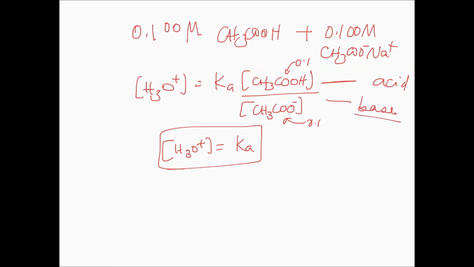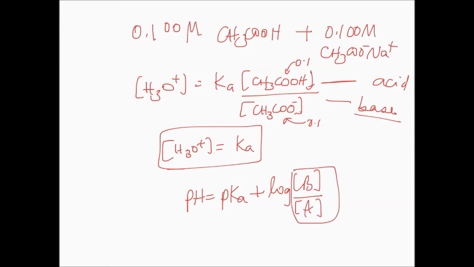What would happen if these were in a ratio, you know, maybe 1:10? That is when, in terms of the Henderson Hasselbalch, which is pH is equal to pKa plus log of base over acid. So if these were in the ratio 1:10, then you can perhaps envision that you would be reducing the pKa by 1 unit to be able to get the pH.